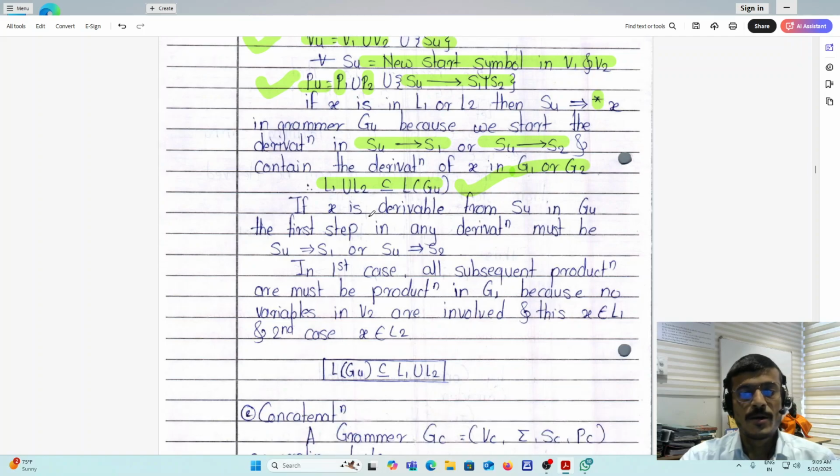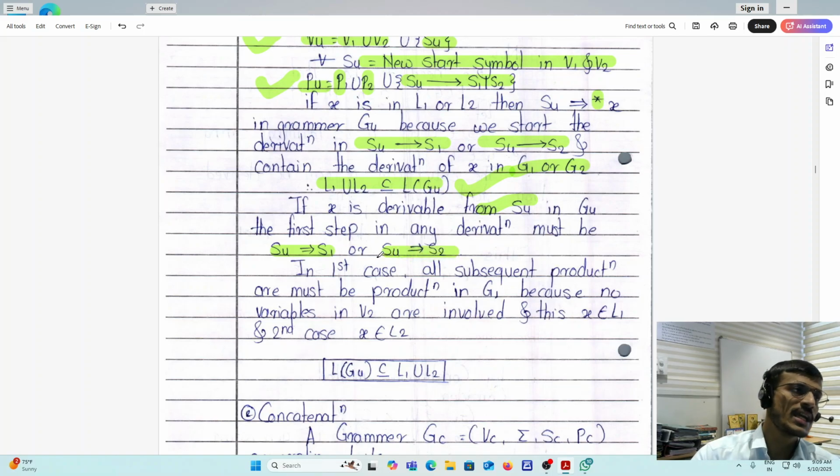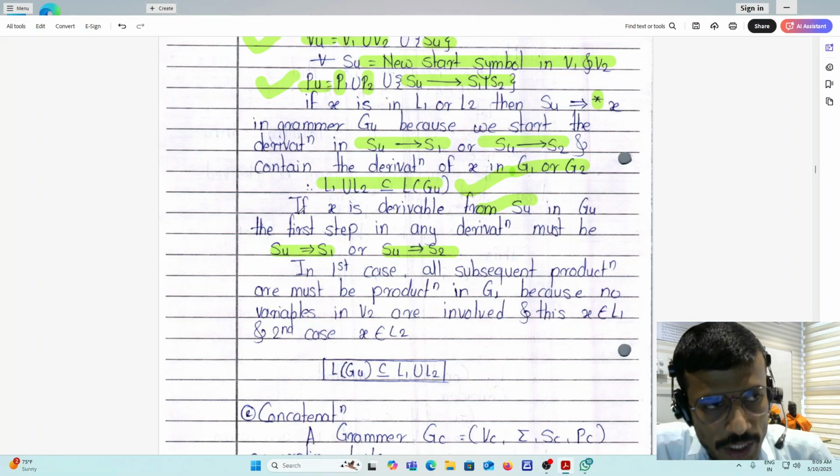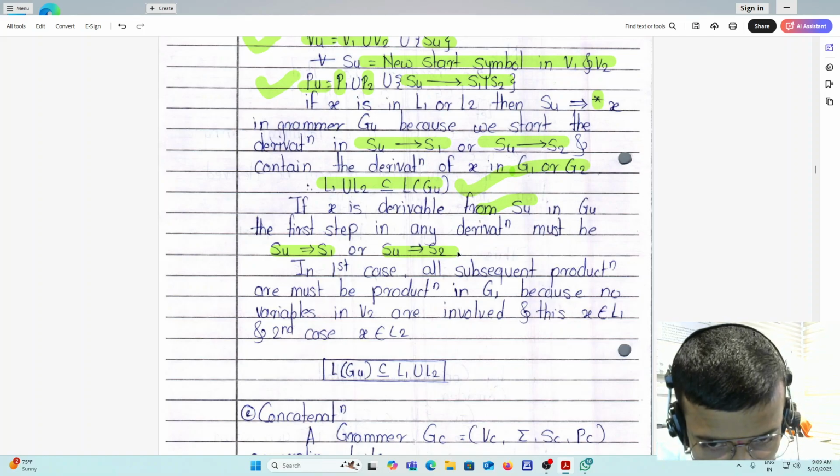Okay. So if x is derivable from S_U in GU, the first step in the derivation must be S_U tends to S1 or S_U tends to S2. Because we are taking a new starting symbol S_U, it should derive either S1 or S2.